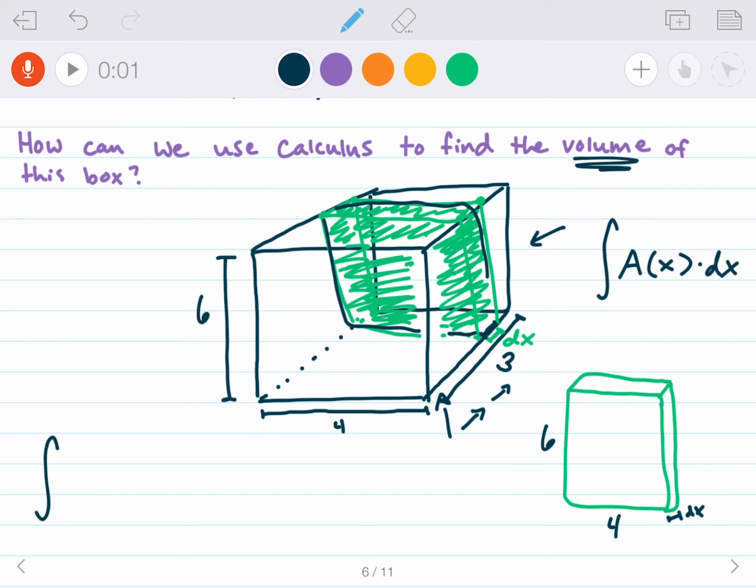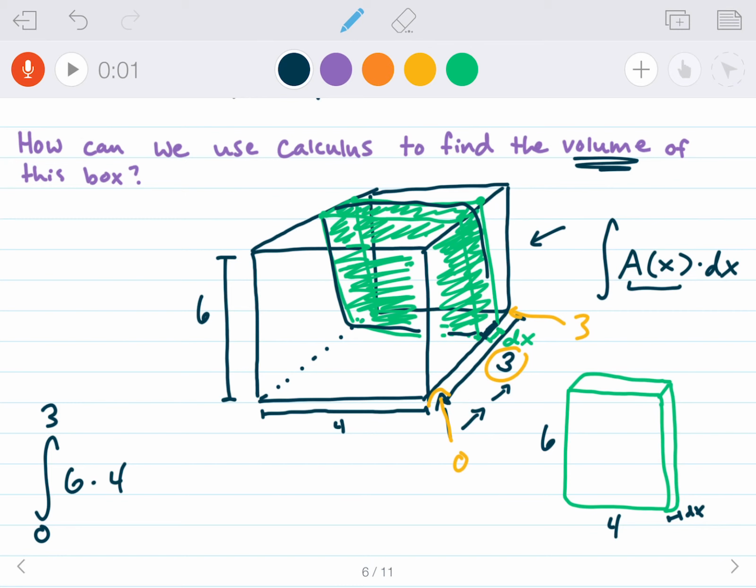And so basically what we have is the following. We have the integral, and if we imagine this on an axis, we're starting at 0, right? And we can see here that the axis that we're moving along is 3 units long. So we're starting at the very front of the box at 0, and we're moving all the way to the back of the box, 3. So we're going from 0 to 3, and the surface area in terms of x is just length times width.